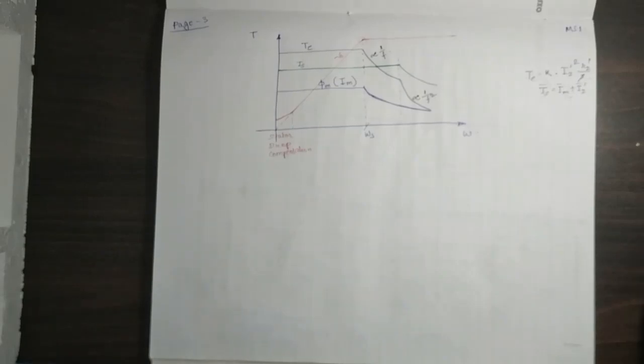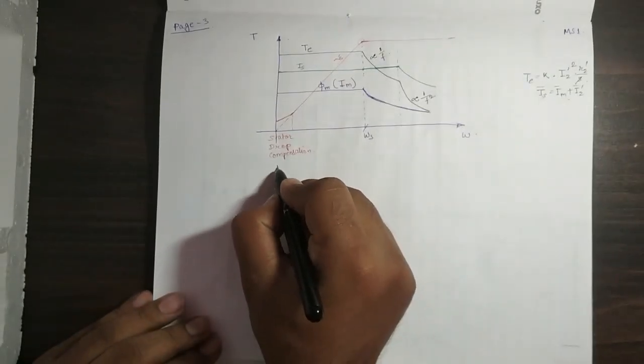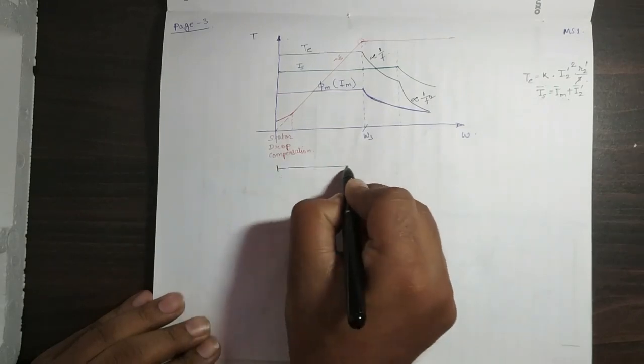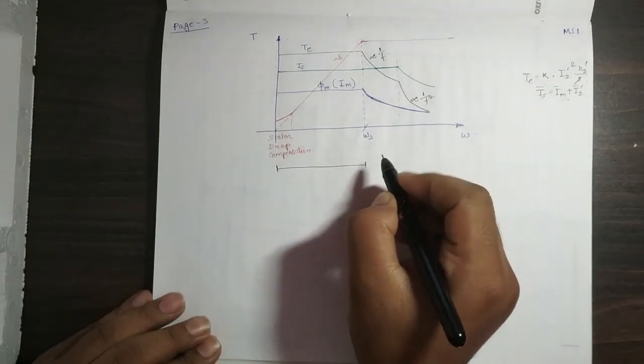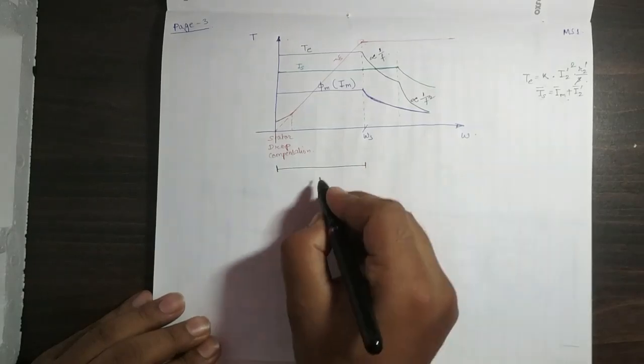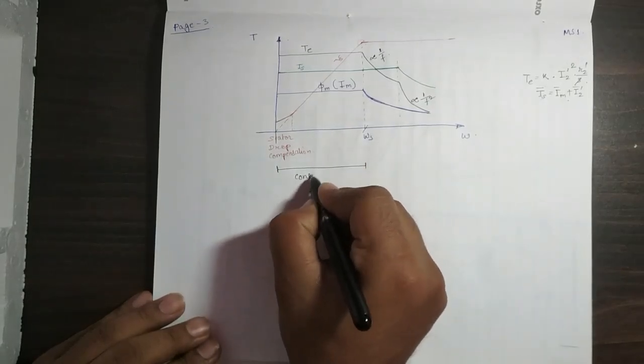So what we could see is that this zone, where Te is constant, is the constant torque zone.